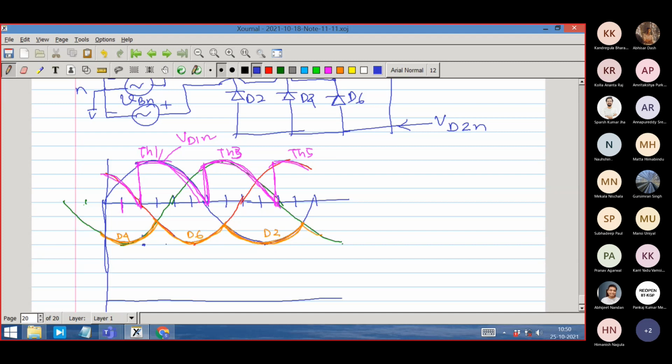So it will come back to the same value. So we get a 60 degree periodicity, and the voltage waveform should be like this. After every 60 degrees it will repeat periodically.